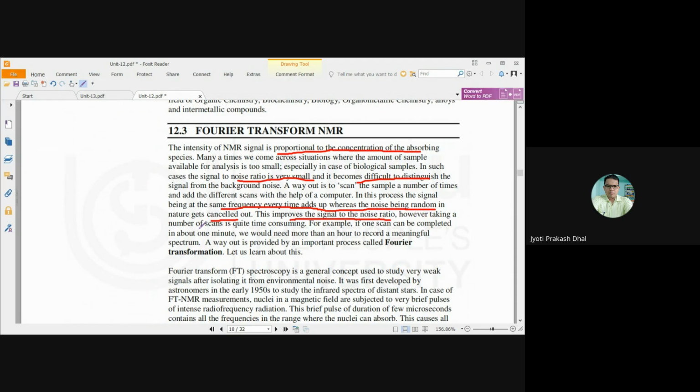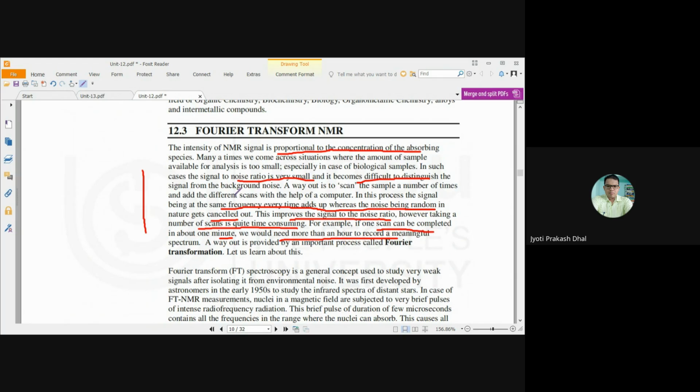However, taking a number of scans is quite time consuming. For example, if one scan can be completed in about 1 minute, it will need more than an hour to record a meaningful spectrum. So that means for traditional normal NMR, when the concentration or the amount of the sample is very small, particularly for biological samples, the signal to noise ratio is very small.